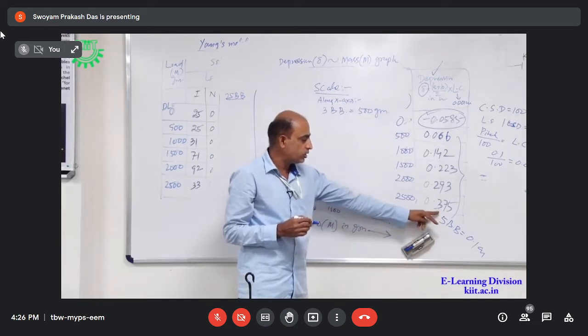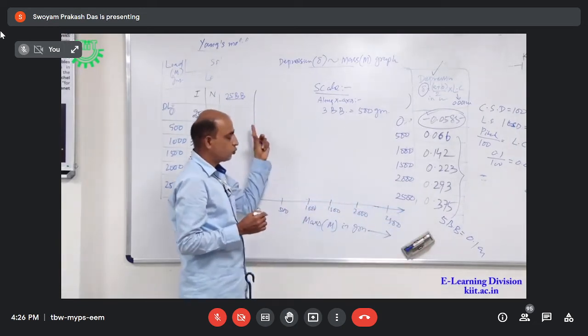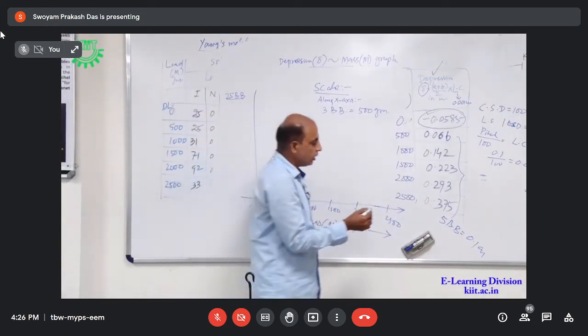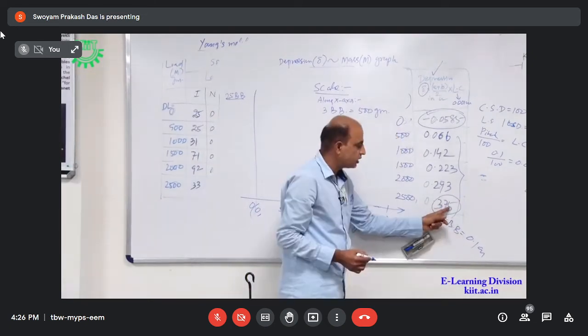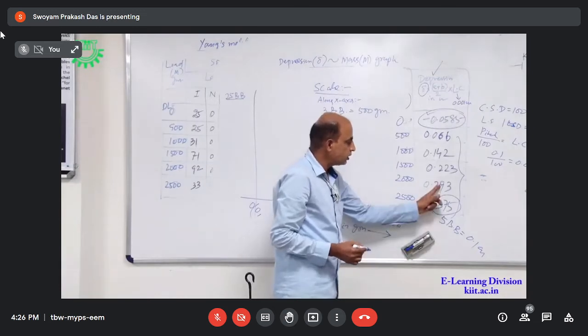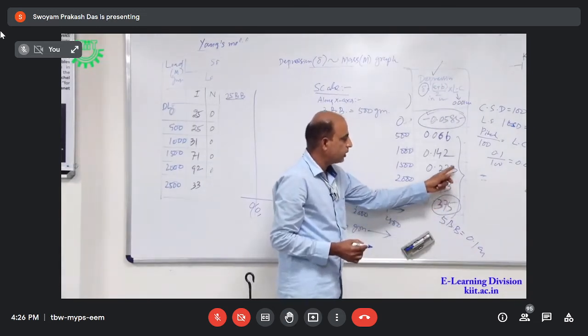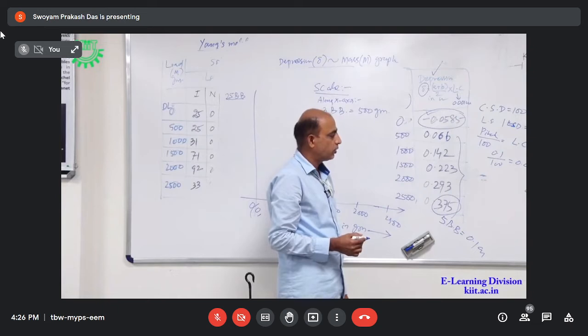By considering this maximum value, we will calibrate the y-axis. It is 0.375, and this is 0.293, so 3 decimal places are coming along the depression column.